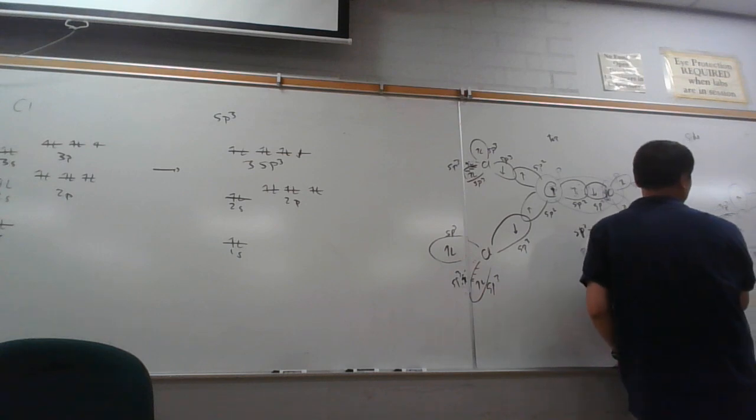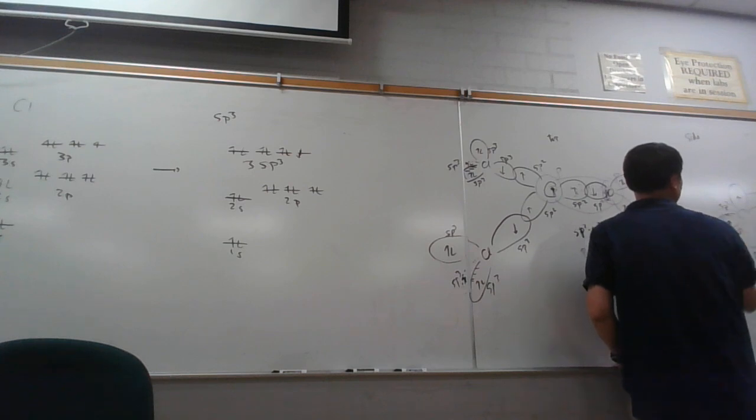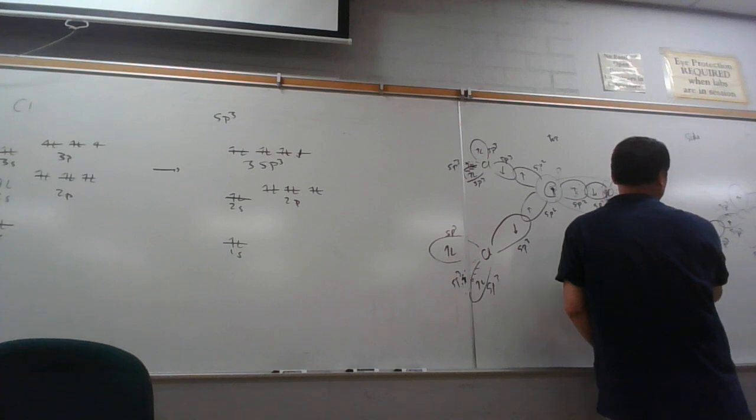So when I look at the chlorines coming in here, the chlorines are also going to sigma bond here, except there's going to be an sp2 sigma. And so I have one electron here. And then the chlorines are going to have lone pairs in their sp3.